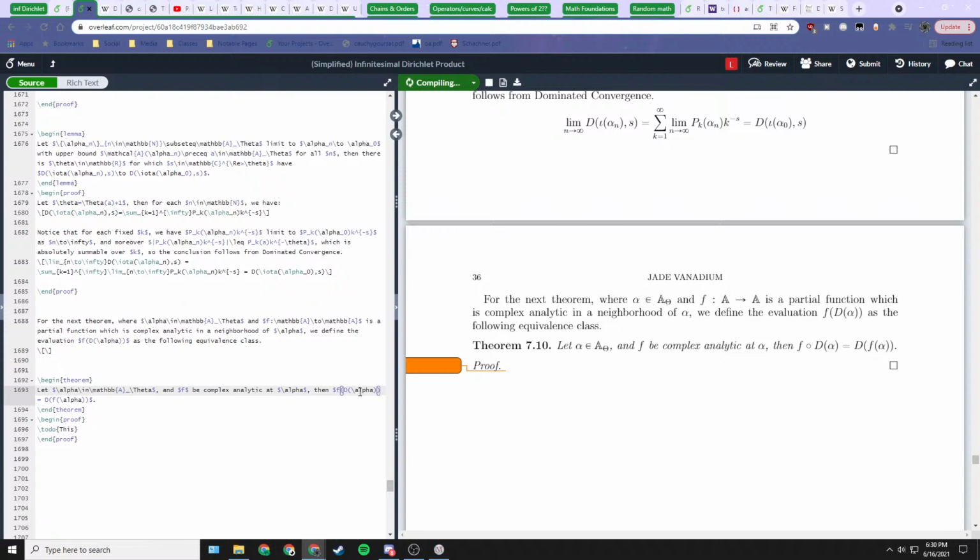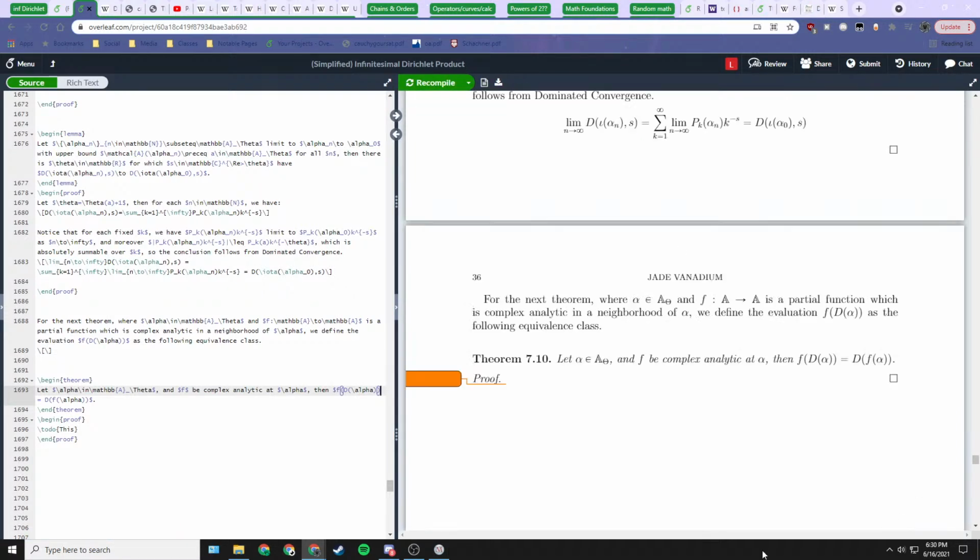So this evaluation: if we have a partial function, which is complex analytic, actually I think it doesn't need to be complex analytic. If we have a partial function which is defined in a neighborhood of alpha, then we define the evaluation f of d alpha as the following equivalence class.